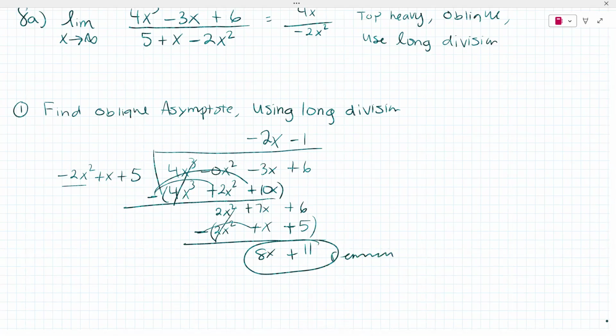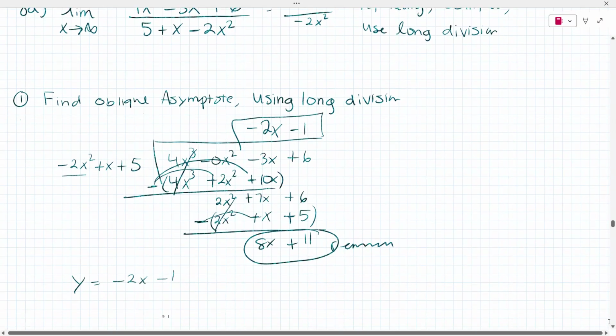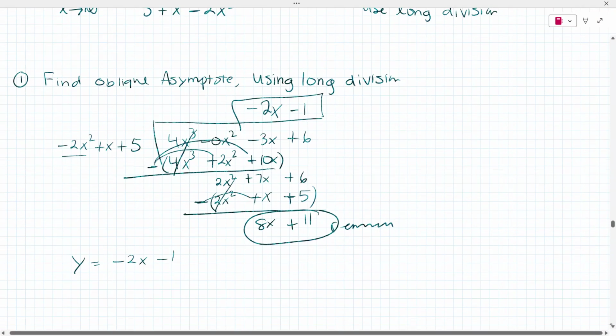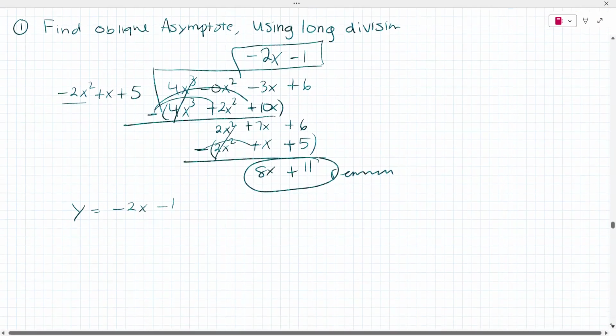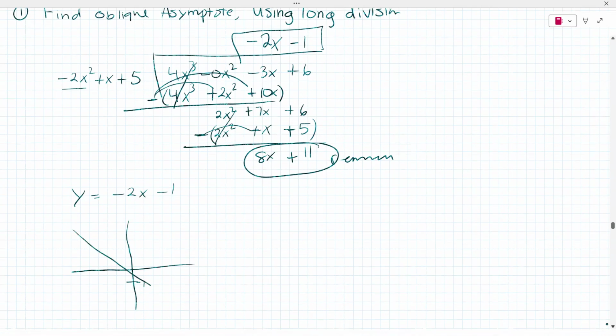What we have is this linear line. If you recall, this is a linear line with a negative slope of negative 2 and a b of negative 1. If you want to draw that, it could look something like this. Here's negative 1, with a slope of negative 2.